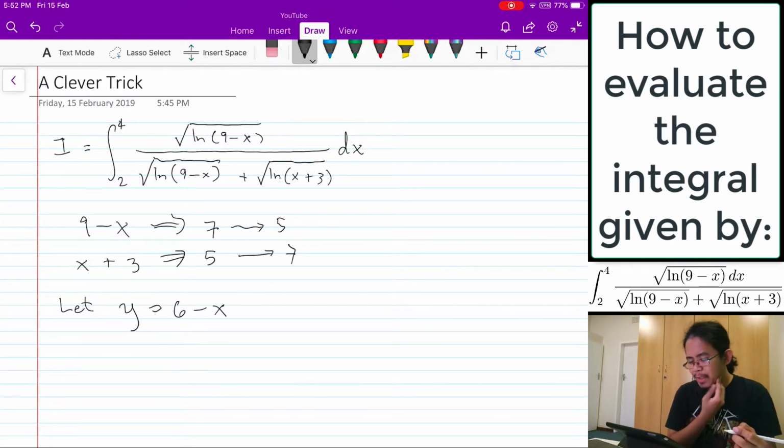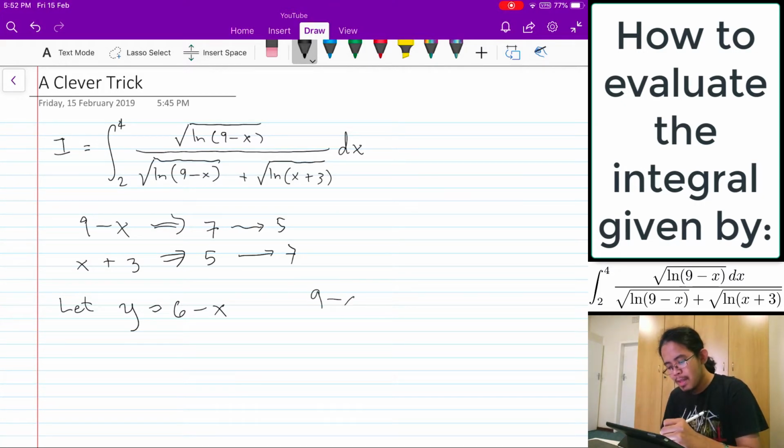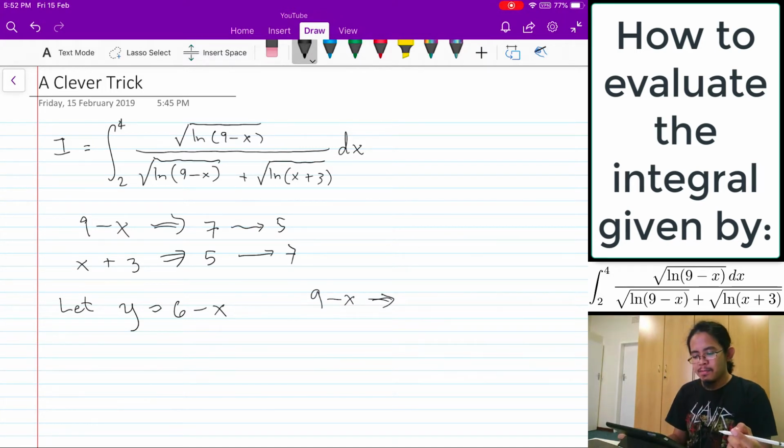So why are we doing this substitution? So the thing is, when we do this substitution, look what happens to your 9 minus x, okay? So your 9 minus x, when you do this substitution, if you let y equal 6 minus x, obviously that implies that x is equal to 6 minus y, okay?